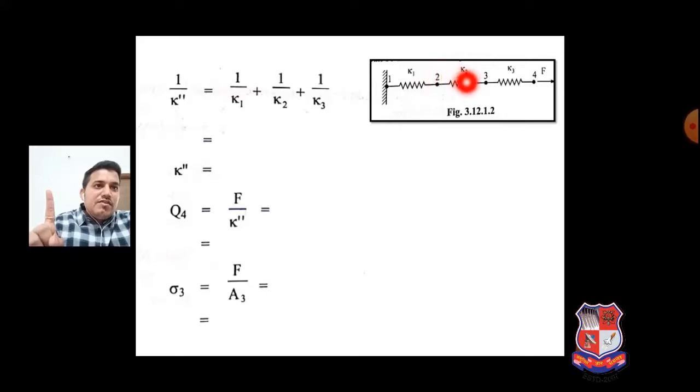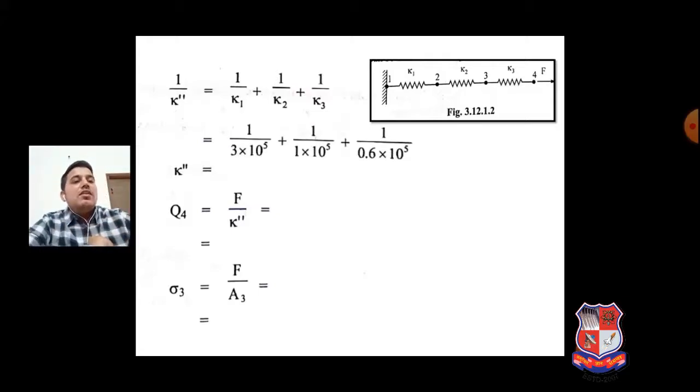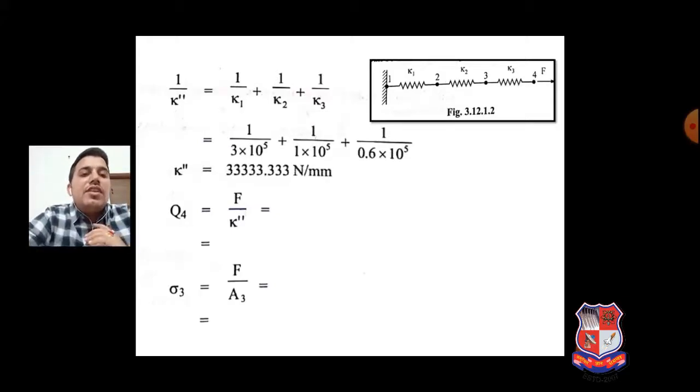If we find it for node number 3, then we have to combine k1 plus k2, and when we find it for node number 4, at that time we have to combine all stiffnesses: 1 upon k1 plus 1 upon k2 plus 1 upon k3. So let's see, we put the values of all three stiffnesses and we find k double dash is equal to 33333.333 Newton per mm.